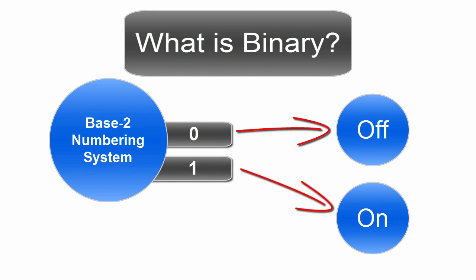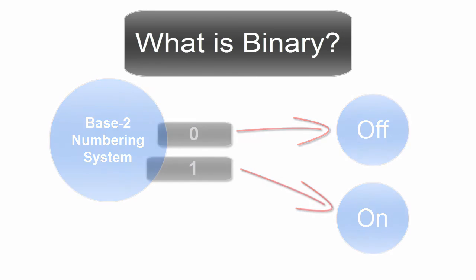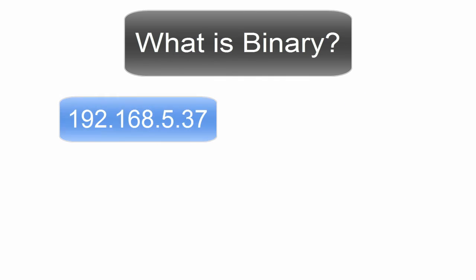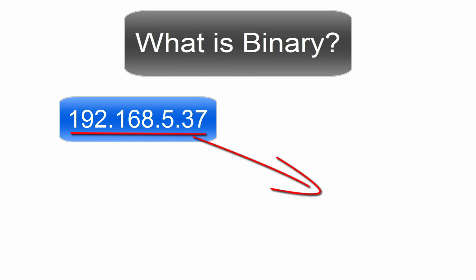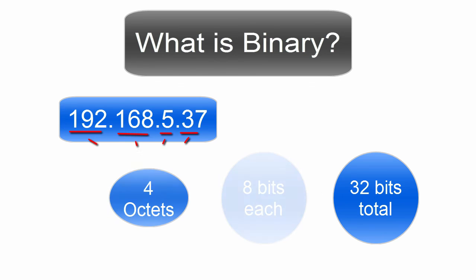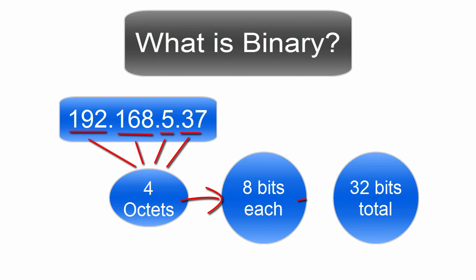Now those are going to correspond to different values depending on how long the actual binary string is. What does that mean? Well, in our case, for IPv4 subnetting, the IP addresses and the subnet masks are made up of 32 bits broken down into 4 octets, which are each 8 bits in length.